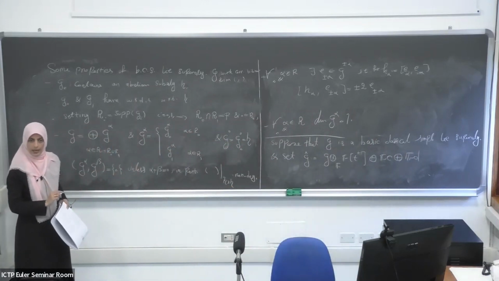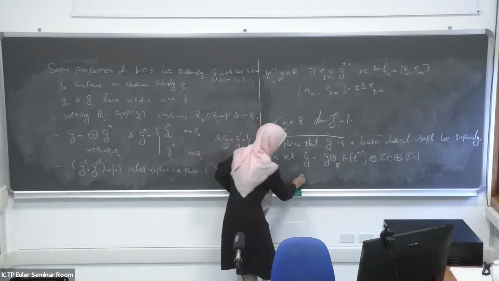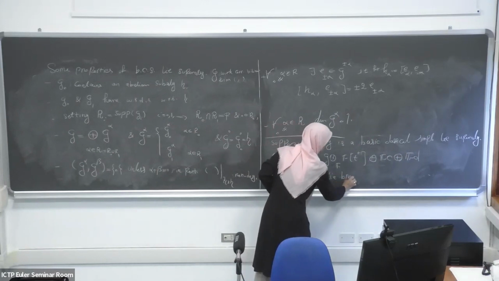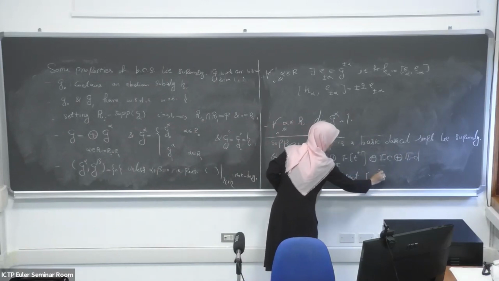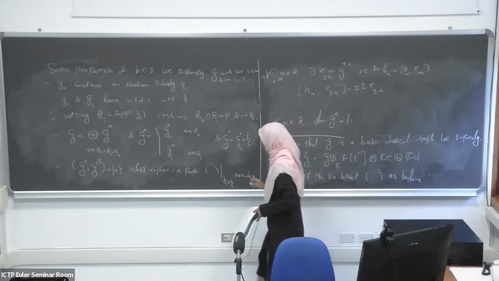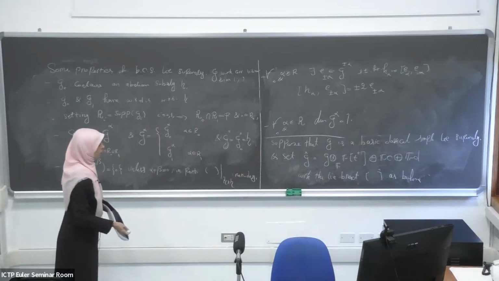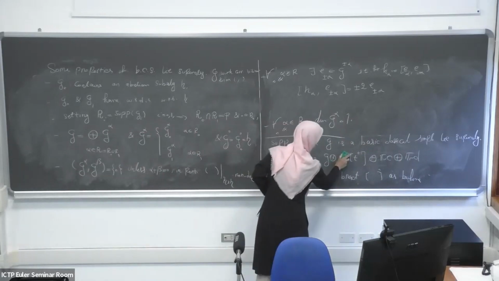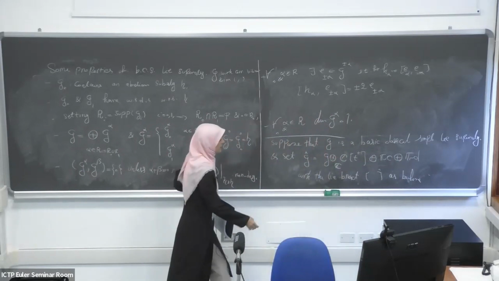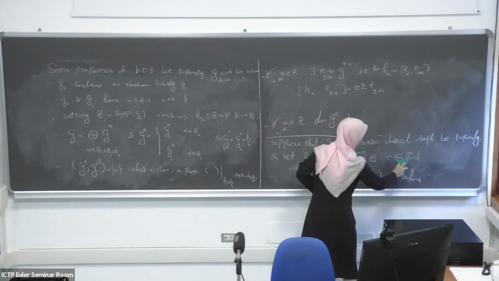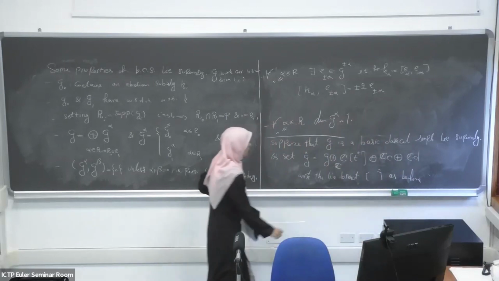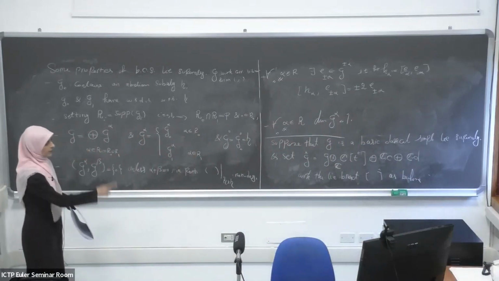You know what the brackets are. The brackets are as before. And you can see that I should write here C, because I suppose that my field is C now. Okay. And this is a Lie superalgebra.